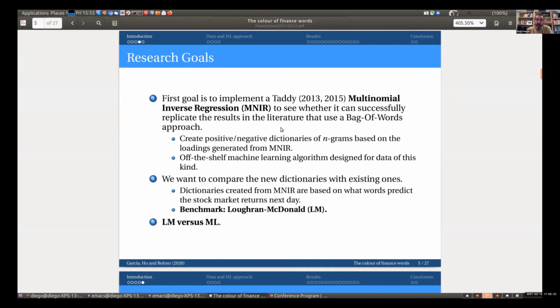We're going to fit this machine learning algorithm, figure out which words, positive and negative, the machine likes, and then do an out-of-sample exercise in which we compare the sentiment scores from this machine learning versus the Loughran McDonald implementation.